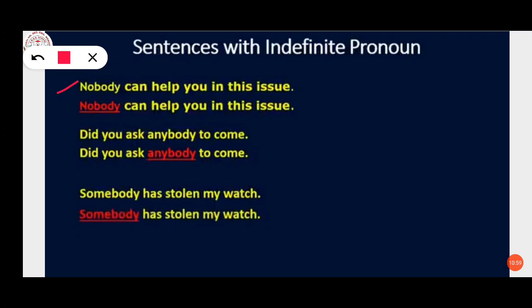So here, no, none, nobody, somebody, like this. Nobody can help you in this issue. In the first sentence, which word is indefinite? Nobody. Nobody is an indefinite pronoun.